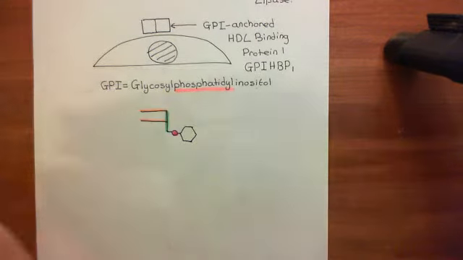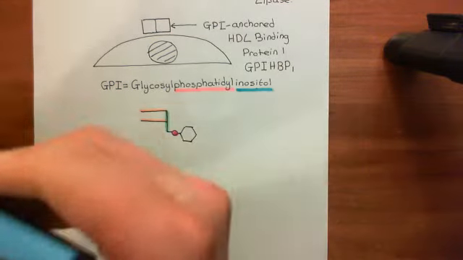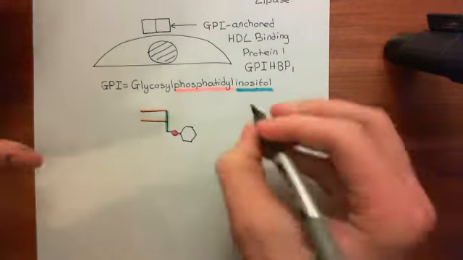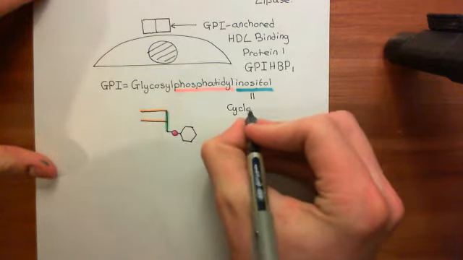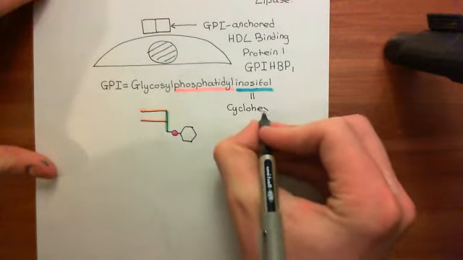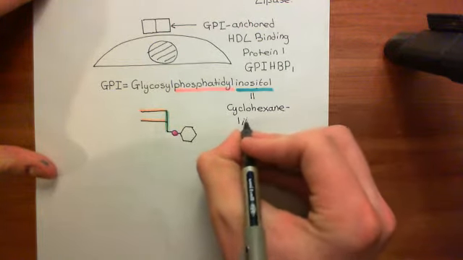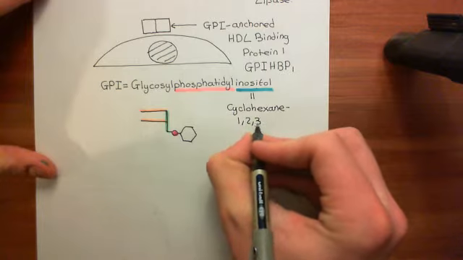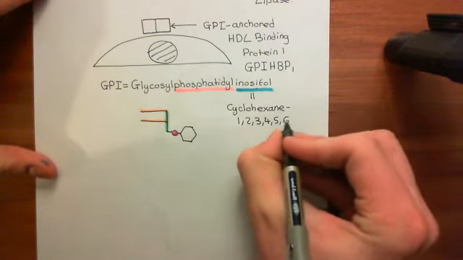Now, inositol is again the old biochemist's name for a molecule that is now more correctly called cyclohexane 1,2,3,4,5,6 hexol. Okay, so the proper name for inositol is cyclohexane 1,2,3,4,5,6 hexol.